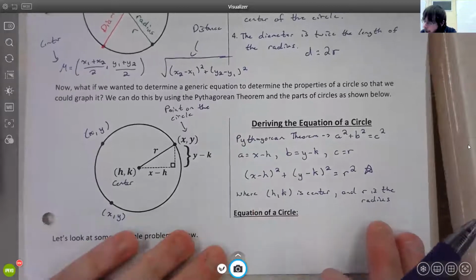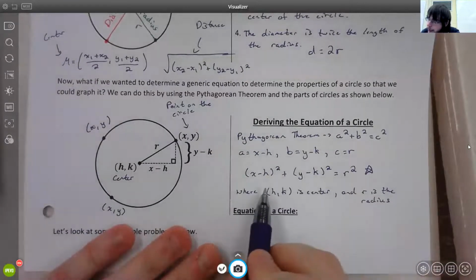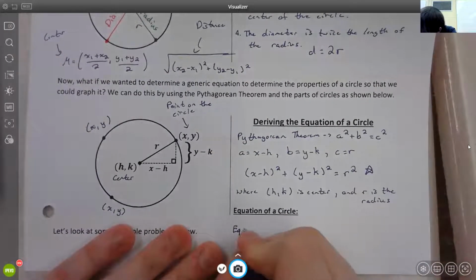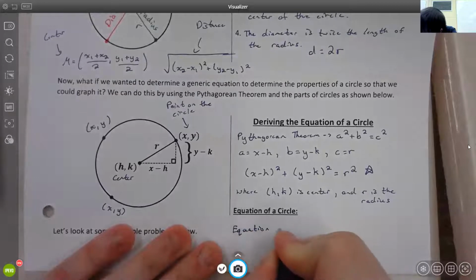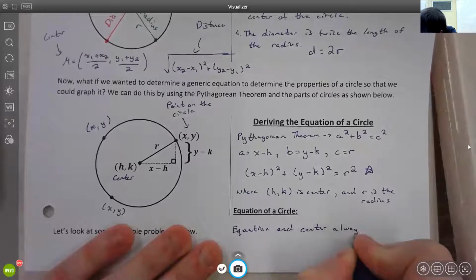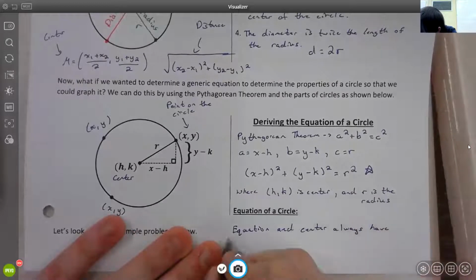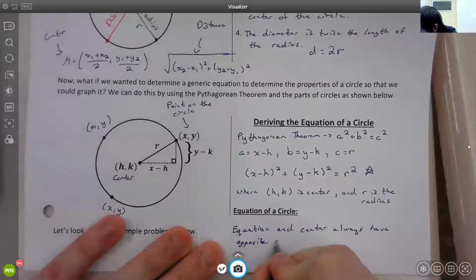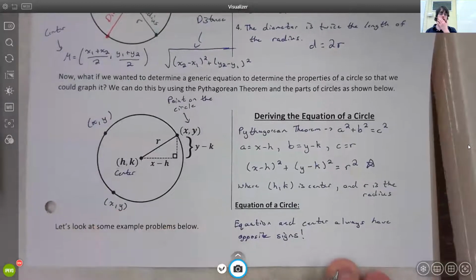So the important thing here is that the equation and center always have opposite signs. So the equation and center always have opposite signs for h and k.